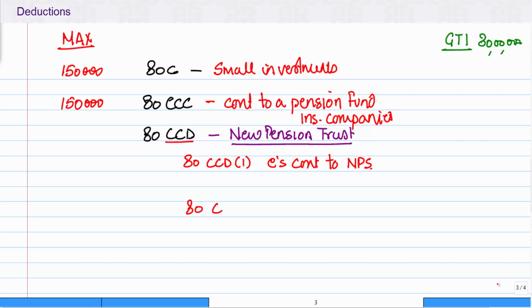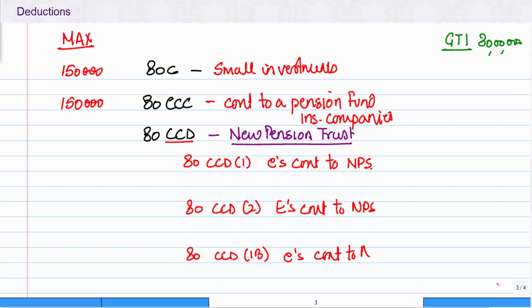There is 80CCD 2 that talks about employers' contribution to new pension scheme, and of course, what has been added by Finance Act 15 is 80CCD 1B, which again talks about employees' contribution to new pension scheme.